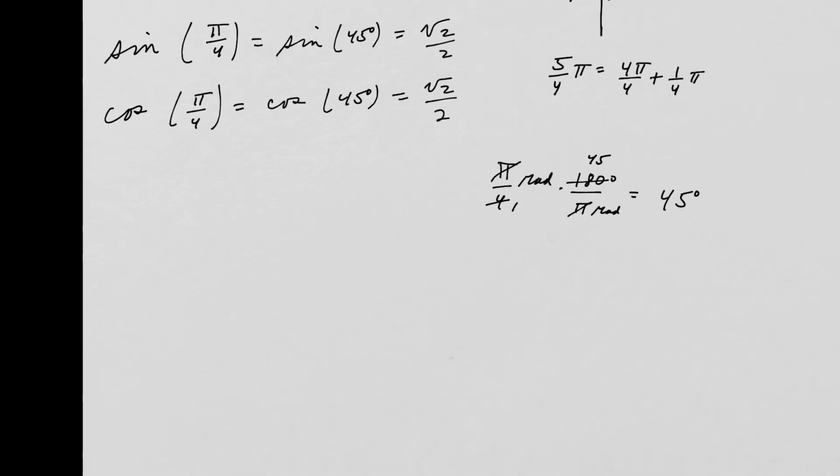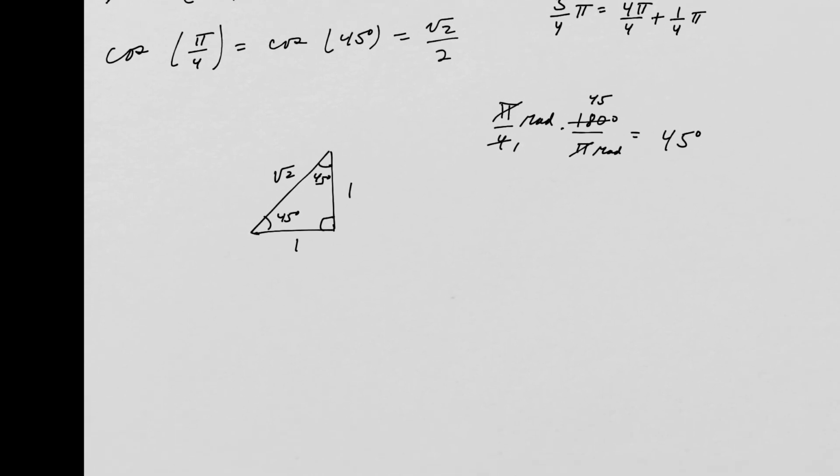If you forget that, you can think of that special right triangle. So this is 45 degrees. This is 45 degrees. And then if I call this 1, 1, this is radical 2. So that means cosine of 45 is adjacent over hypotenuse.